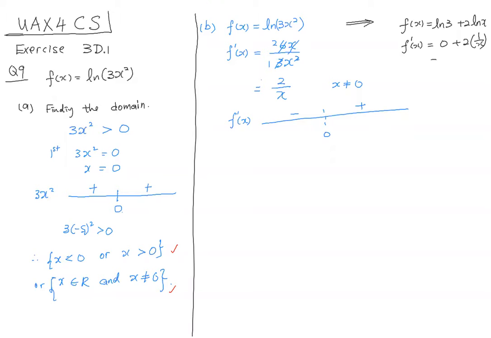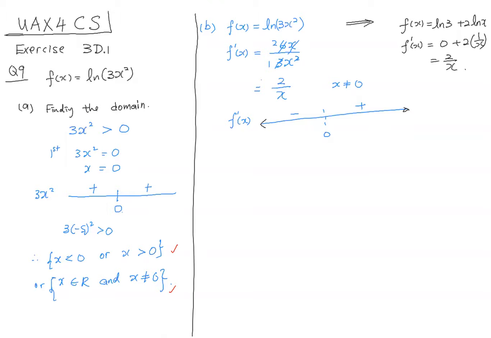So I still get 2 over x. It's the same thing. So there are 2 ways of doing things. So there is no stationary point. There is no stationary point from here.